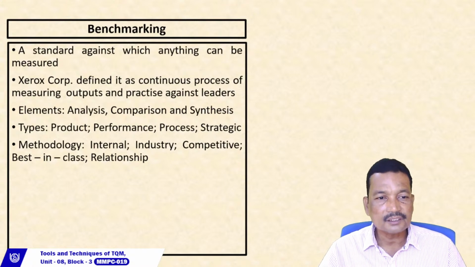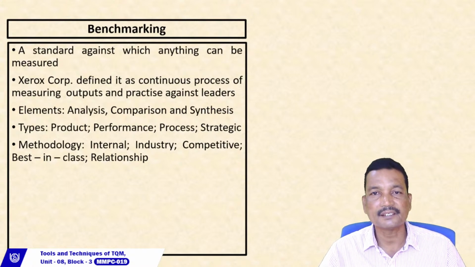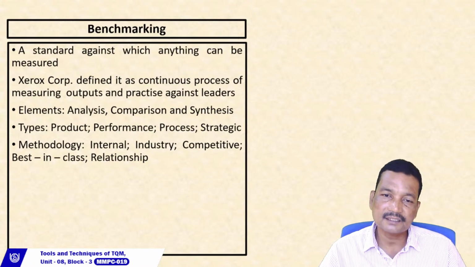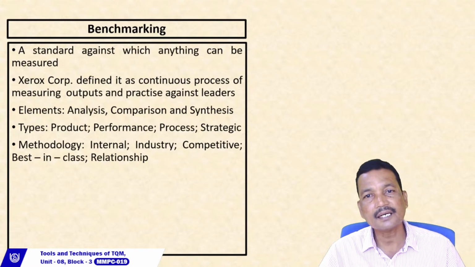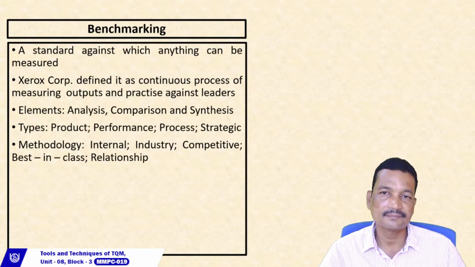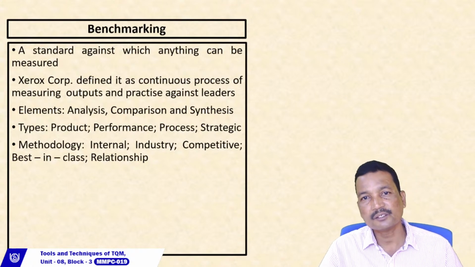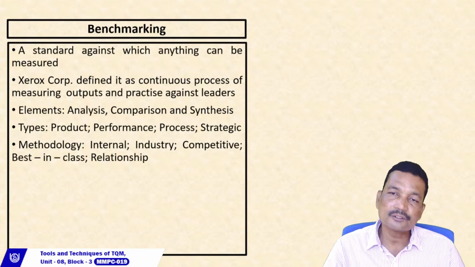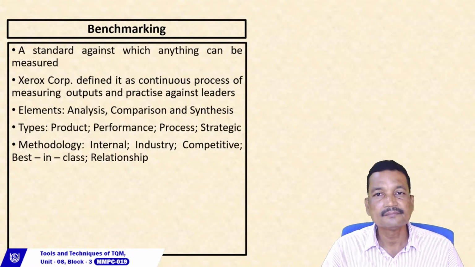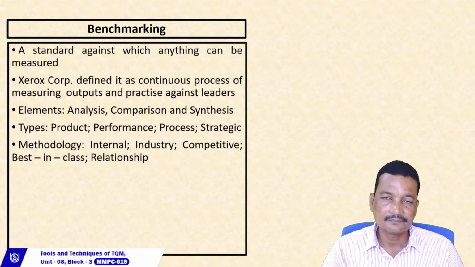The third methodology is the competitors. Now, competitors are those who will be producing the same products, but they are never friends of ours. We also fight with them for the market space. They also fight with us for the same marketplace.